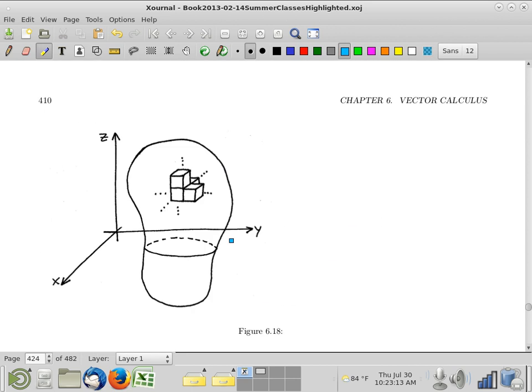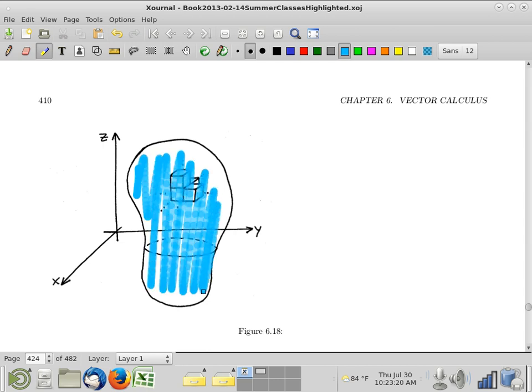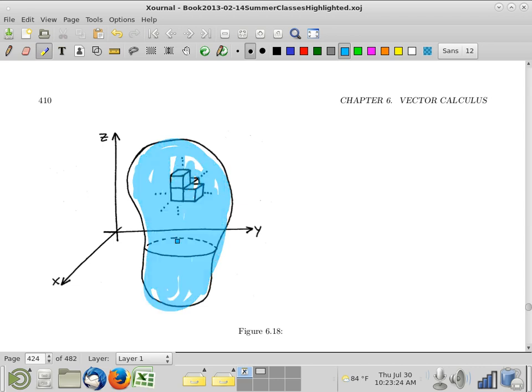So here, this is our picture. We've got a solid 3-dimensional region. And I'm going to consider what happens when I break that up into little pieces, little blocks, like that. There's going to be a bunch of little blocks.